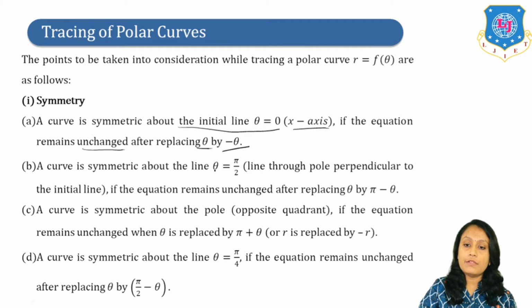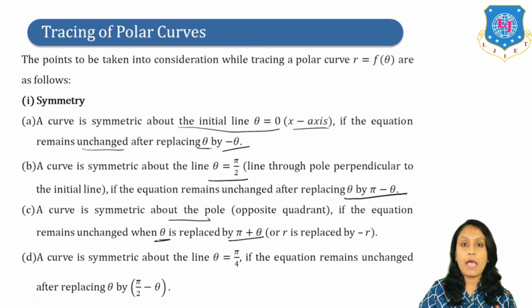Now the curve is symmetric about the line theta is equal to pi by 2 if the equation remains unchanged after replacing theta by pi minus theta. Now the curve is symmetric about the pole, or we can say opposite quadrant, if the equation remains unchanged when theta is replaced by pi plus theta, or r is replaced by minus r.